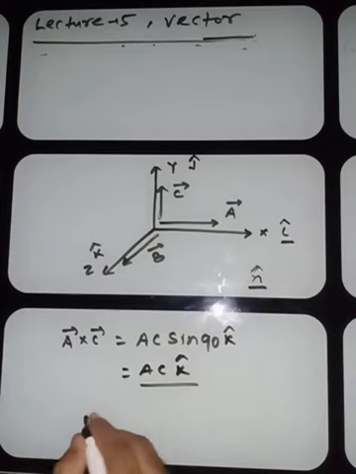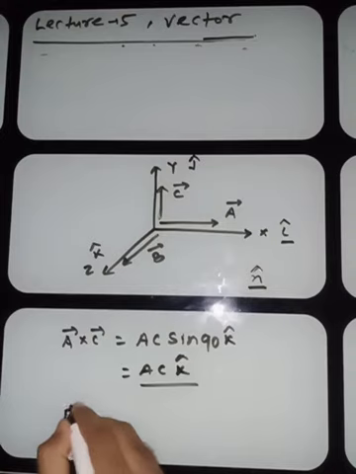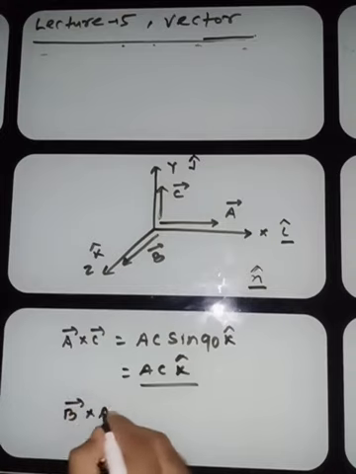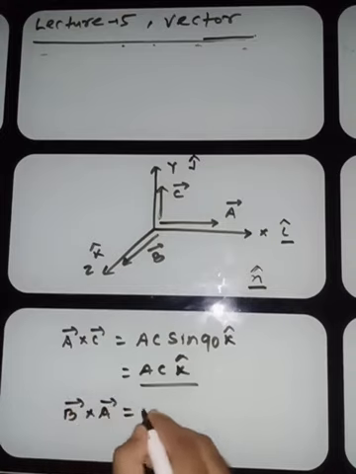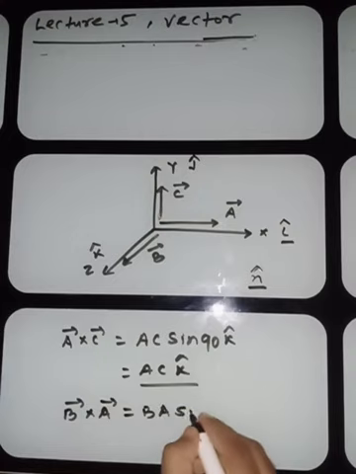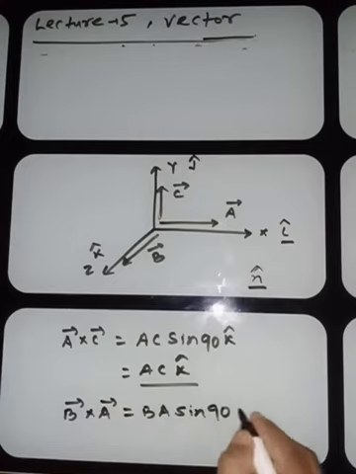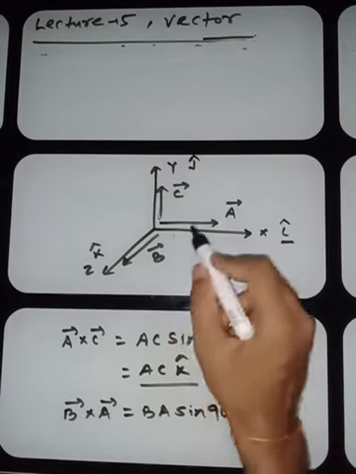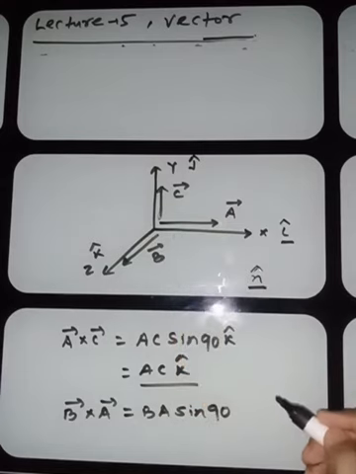Now next, B cross A. Try to find the value of B cross A. It will be BA sine 90 degrees, because you can see the angle between B and A is 90 degrees. Now what will be the unit vector?